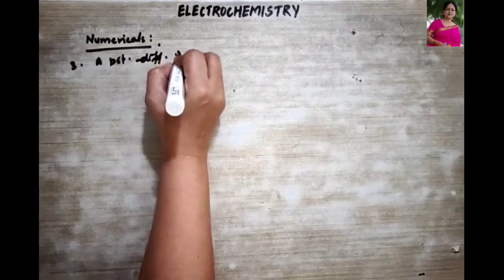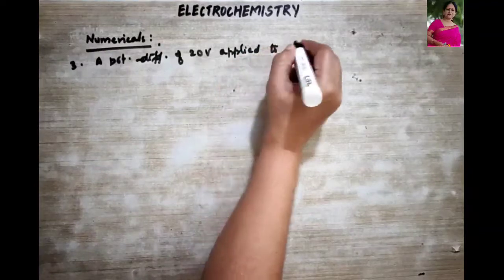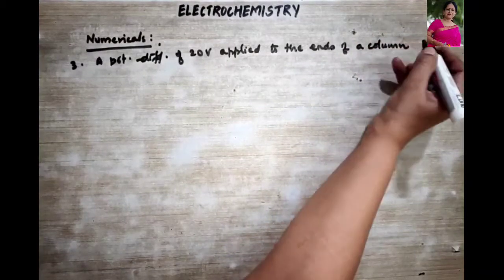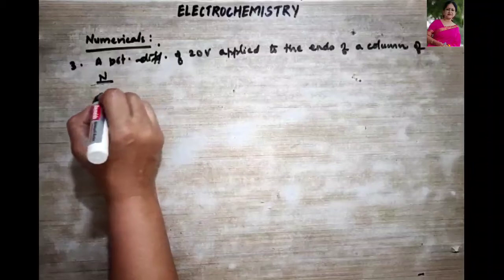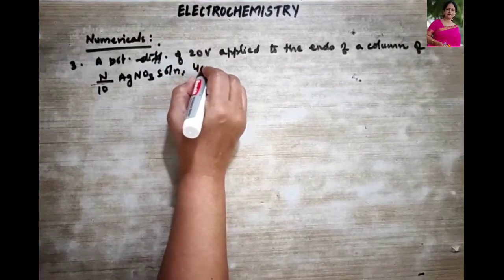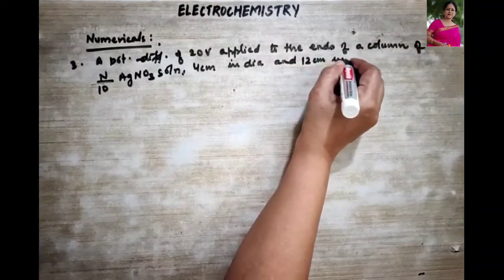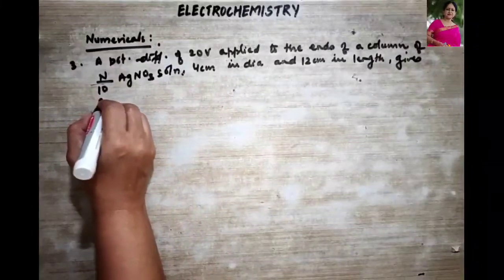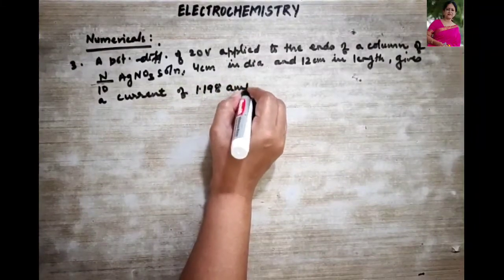A potential difference of 20 volts is applied to the ends of a column of N by 10 silver nitrate solution, 4 centimeters in diameter and 12 centimeters in length, gives a current of 1.198 ampere, right?